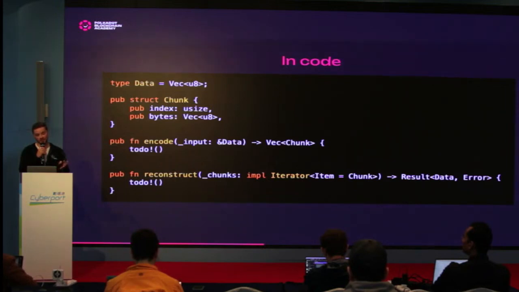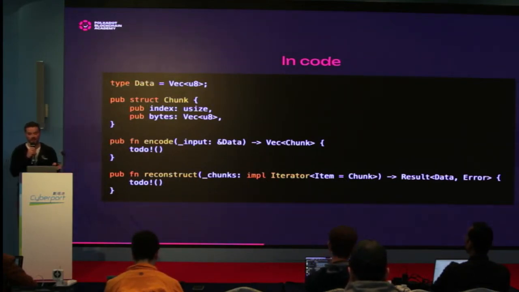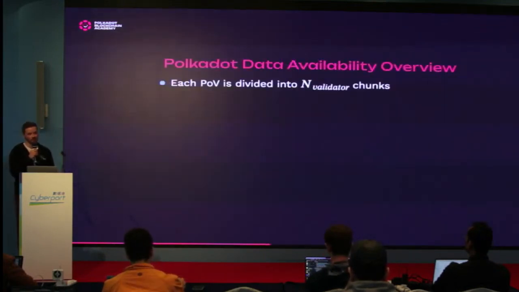And those chunks are also vectors of bytes, and they need an index assigned to them. So we have an encode process that takes in our data and outputs some chunks. Then we have a reconstruct process that takes in chunks and spits out our original data. So in a black box that way, that's what's going on here.